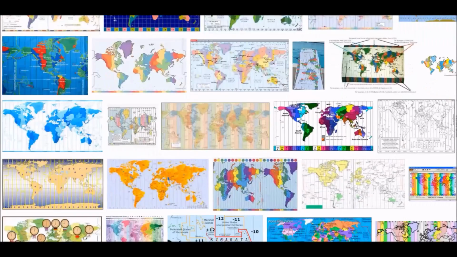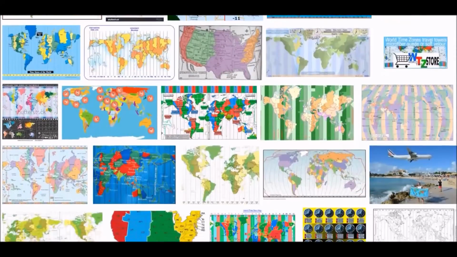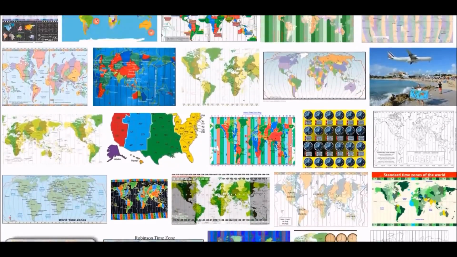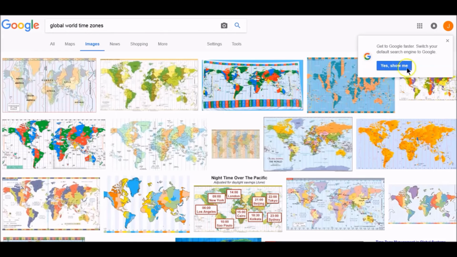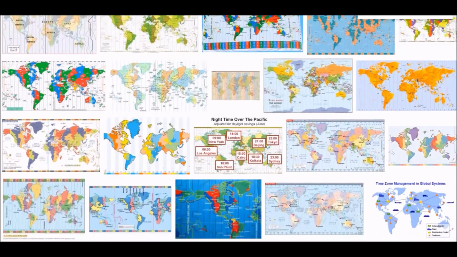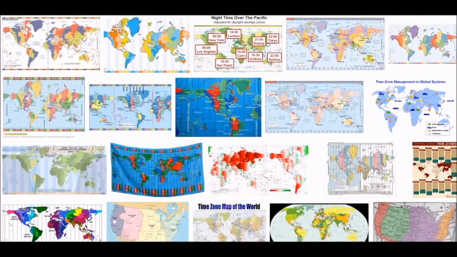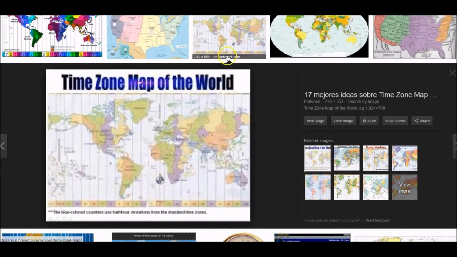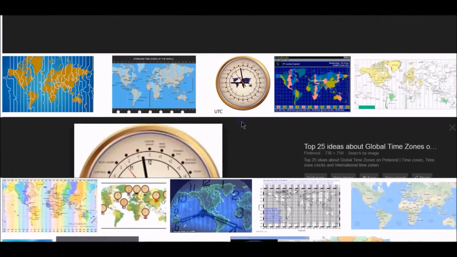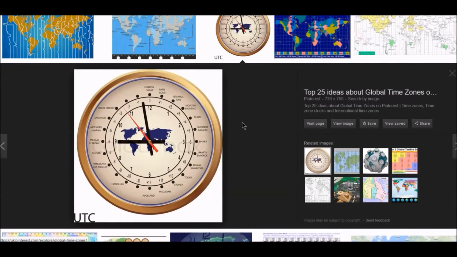And if you scroll down, you see nothing but flat Earth maps. Isn't that interesting? Now, if we were to maybe say, well, maybe it's global world time zones, again, all we see are flat maps. Here's a time zone map of the world, all right? It's on a flat map.